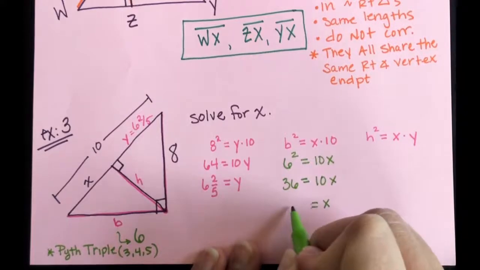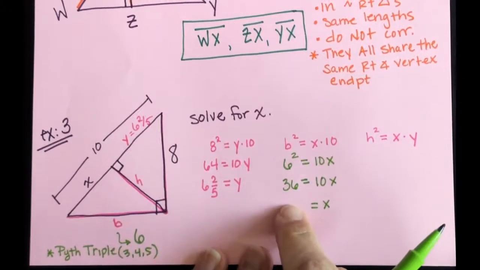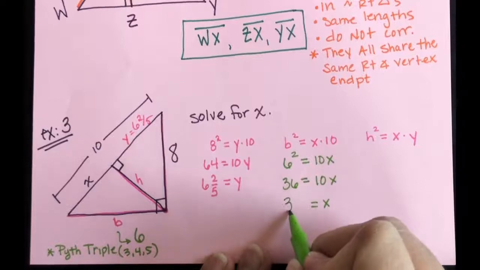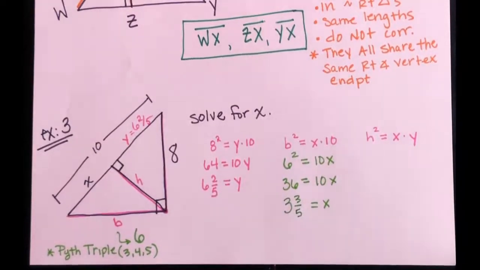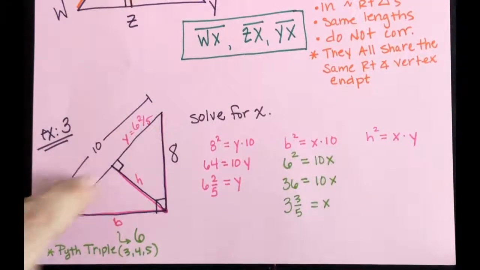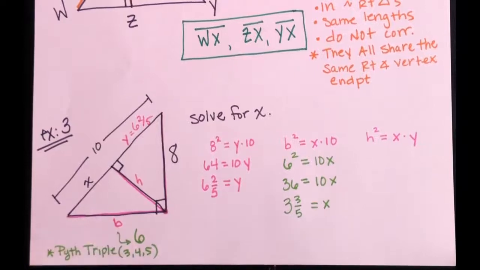So x would end up being 3.6, but we could put 3 3/5. You would have absolutely got the exact same information had you subtracted and plugged it in that way.